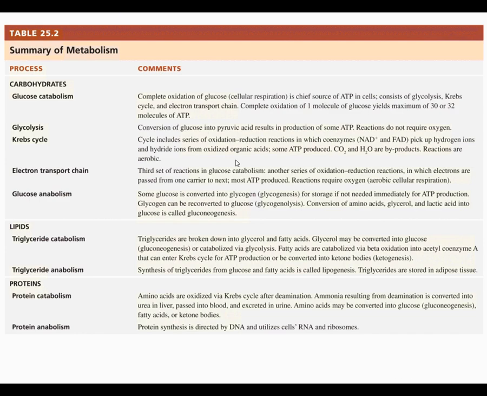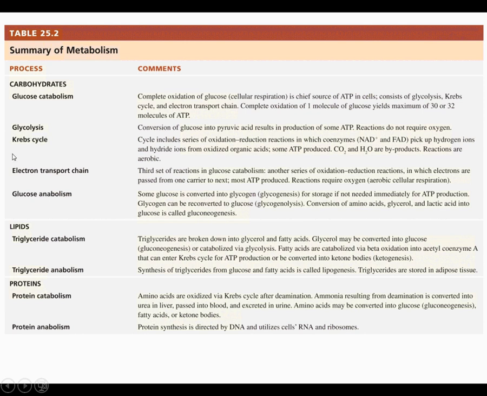All right, table 25.2 is a nice summary of the different aspects of metabolism. We spent the majority of our lecture talking about the breakdown of glucose, with the 4 stages: glycolysis, transition, Krebs, and electron transport chain. They didn't even list the transition reaction, but it's in there.